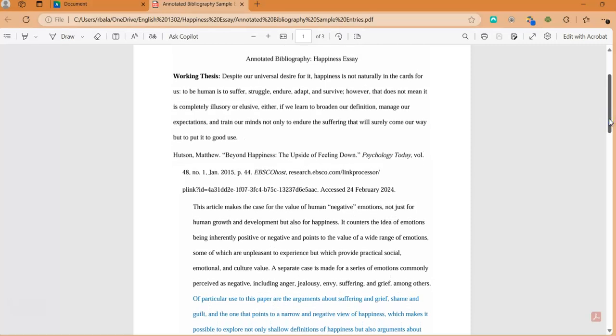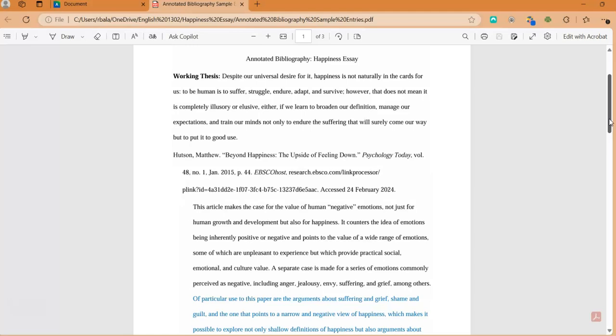So let's take a look at the working thesis I have here. It is kind of wordy. I probably will tighten that up as I get closer to the outline and drafting and so on, but for right now it's fine because it's debatable, and that's what we need here. So my working thesis statement is that despite our universal desire for it, happiness is not naturally in the cards for us.